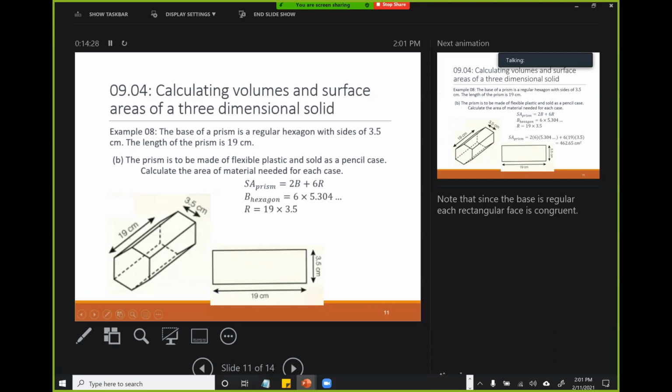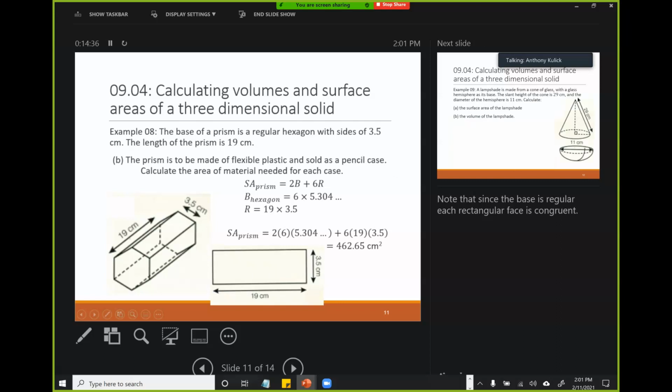I'm sorry, it was 6 times 5.3 from the previous calculation. And the area for the rectangle is 19 times 3.5. So my surface area is 2 times 6 times 5.3 plus 6 times 19 times 3.5, which gives me about 562 and change.